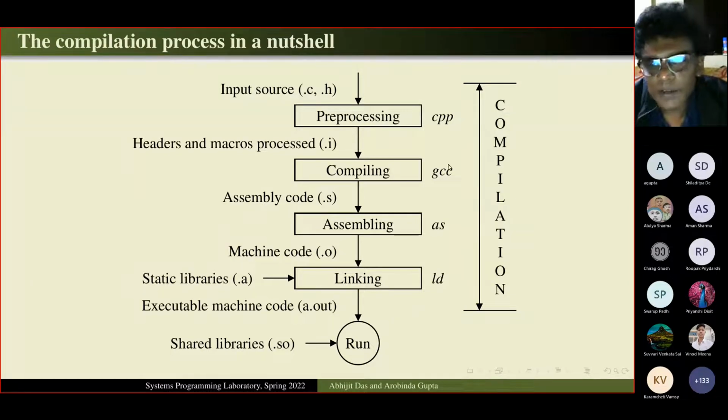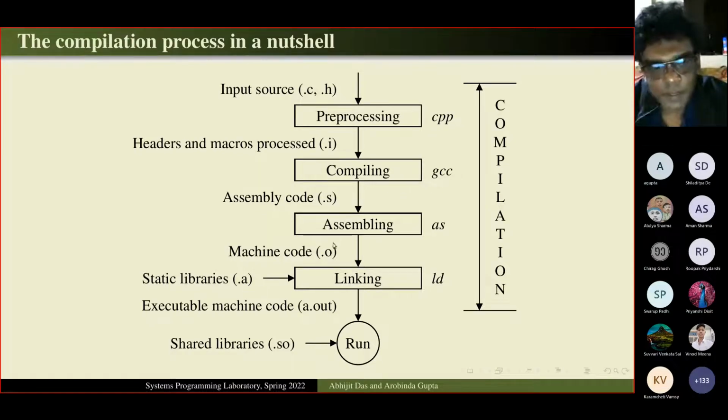And then essentially, this is the basic task of GCC, compiling and generating an assembly code, which usually has the .s extension. Then there is something called an assembler. The program that does it is called AS. And it generates the so-called machine code, .o object files. These are still not, I would say, executable files.